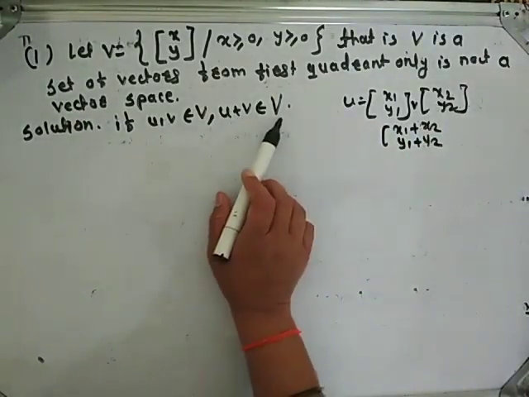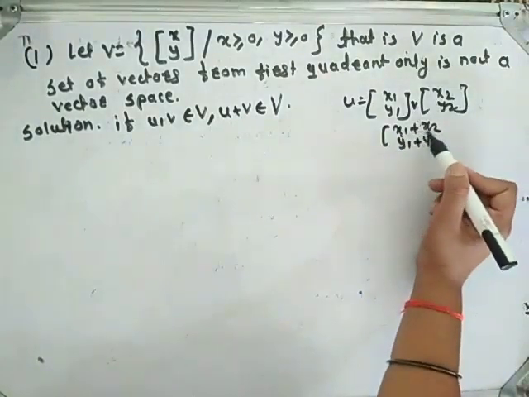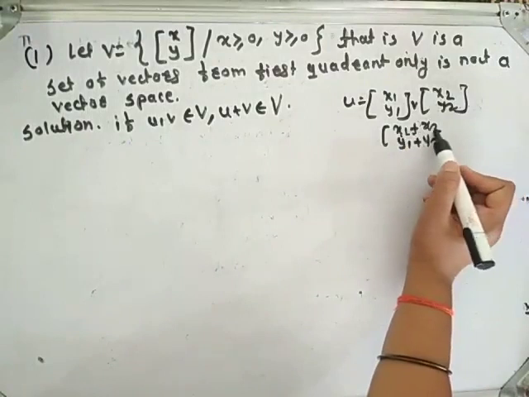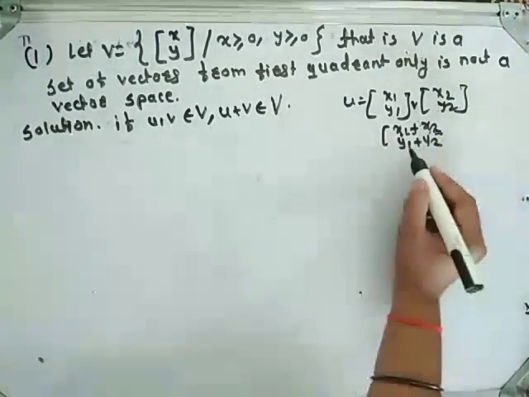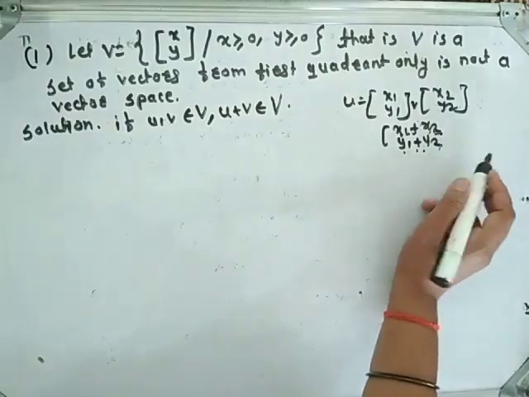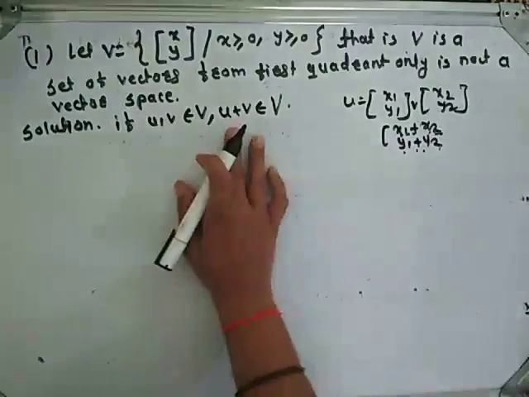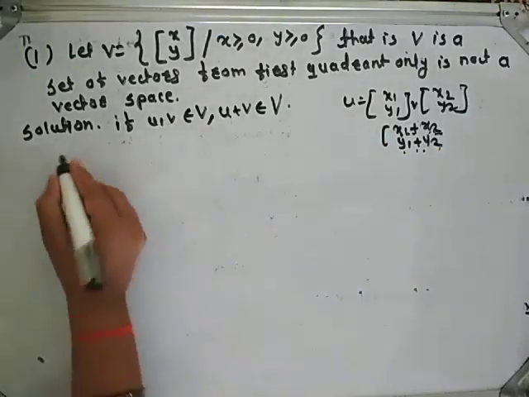This belongs to V because x1 and x2 are both greater than or equal to 0, so their sum must be greater than or equal to 0. Similarly, y1 plus y2 is also greater than or equal to 0. That is why u plus v belongs to V.